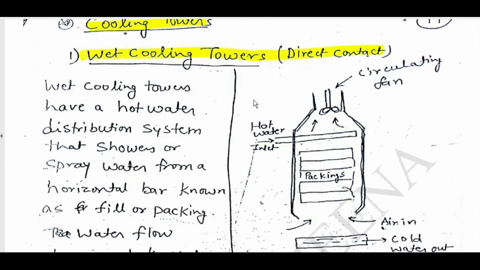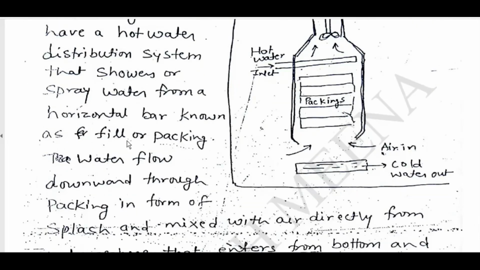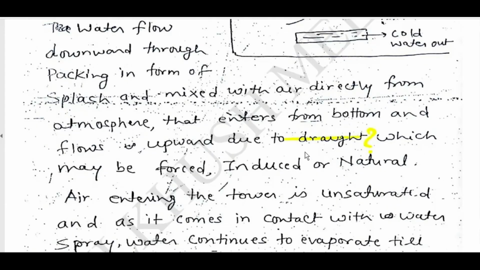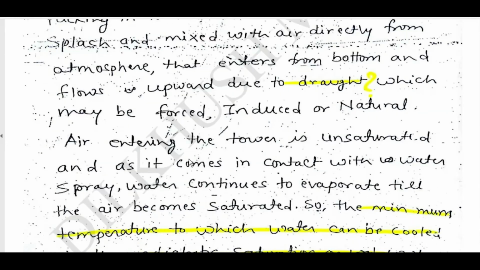Wet cooling towers have a hot water distribution system that showers or sprays water over horizontal bars known as fill or packing. The water flows downward through the packing in the form of splash and mixes directly with air from the atmosphere that enters from the bottom and flows upward due to draft, which may be forced, induced, or natural.